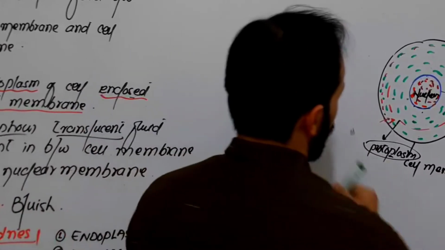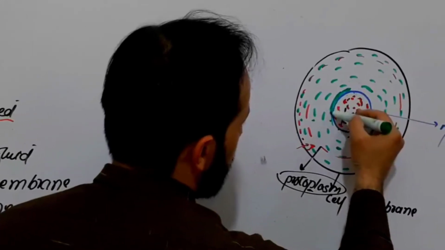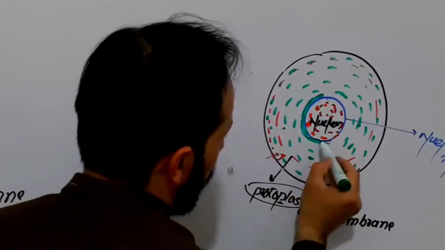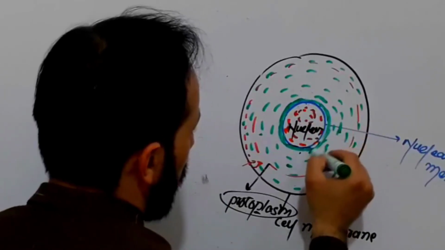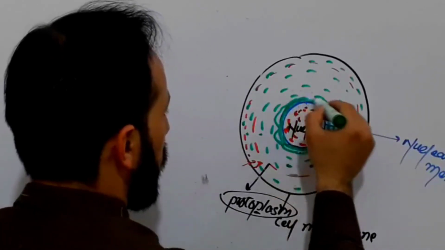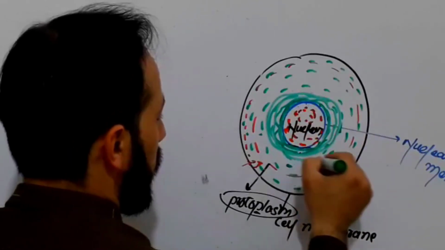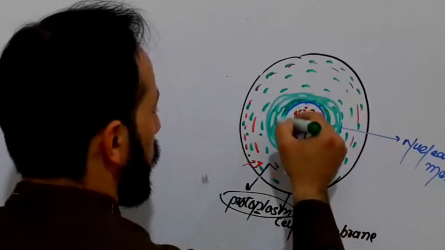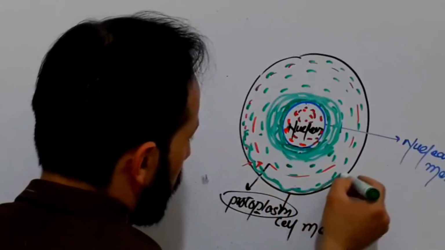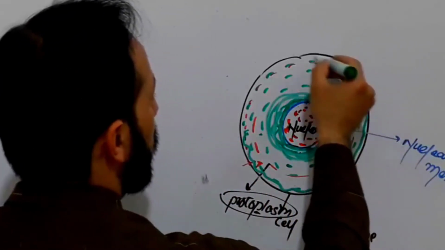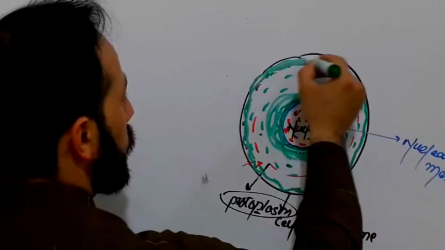Look carefully. The boundary of the cytoplasm which is in contact with the nuclear membrane is called the endoplasm. And the boundary of the cytoplasm which is in contact with the cell membrane is called the ectoplasm.